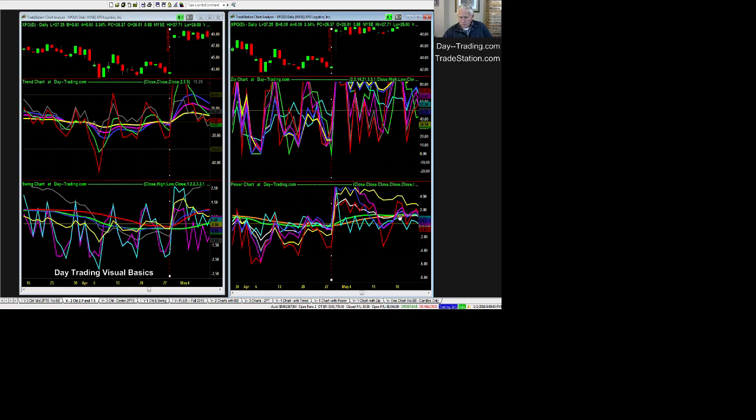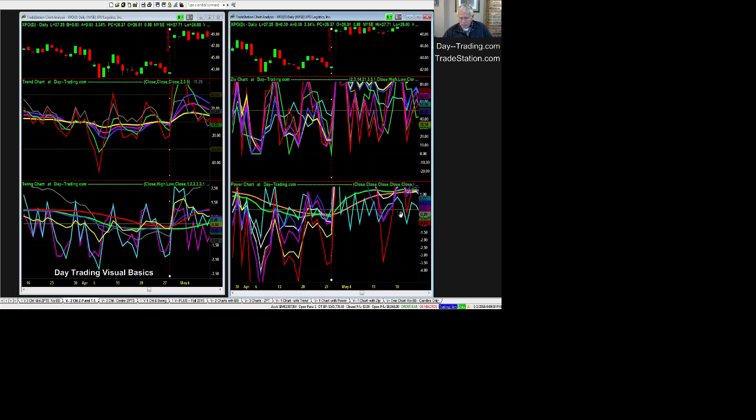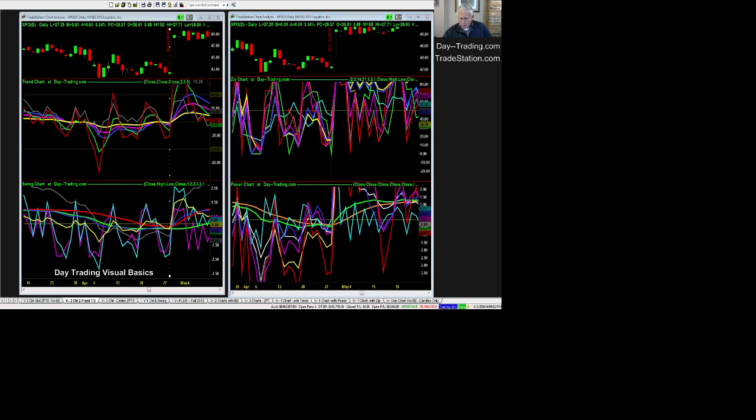And in the power chart, I'm going to expand this a little bit, we have the power red in a low angle up, and as you know, a power angle up is much stronger than a low angle power down.